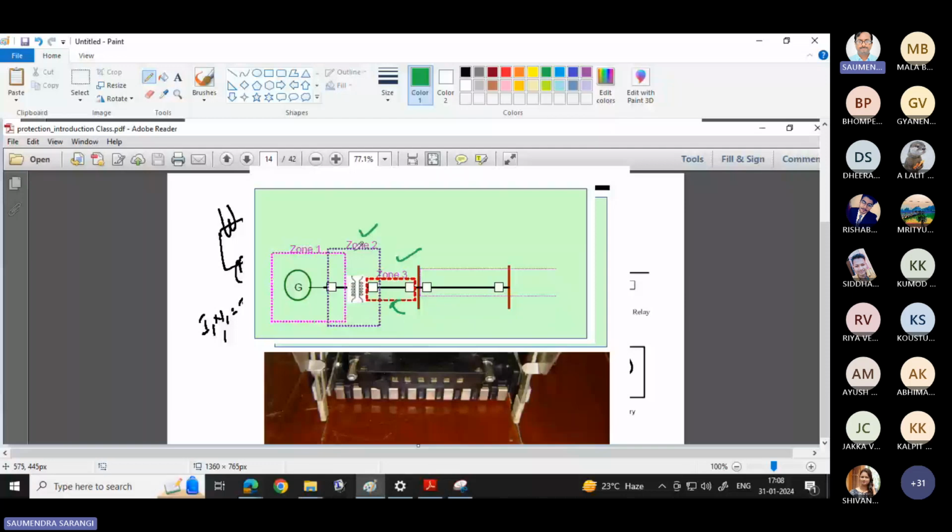So normally we give some time delay for zone 1, suppose 0.1 second, and for zone 2 we give a little more delay, 0.2, that is 0.3 seconds. It should operate in that short time. Okay. So there we call them primary relay and backup relay.